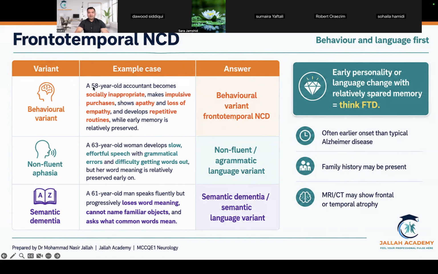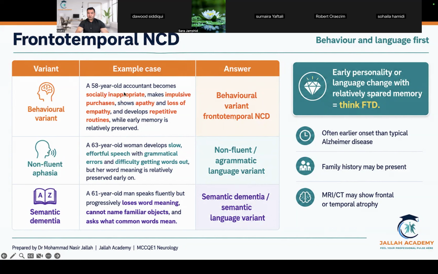Example: a 58-year-old accountant becomes socially inappropriate, makes impulsive purchases, buys everything, shows apathy and loss of empathy, and develops repetitive routines, while early memory is relatively preserved. So it's behavioral variant frontotemporal neurocognitive disorder. Non-fluent aphasia may start with language problems, or maybe both.